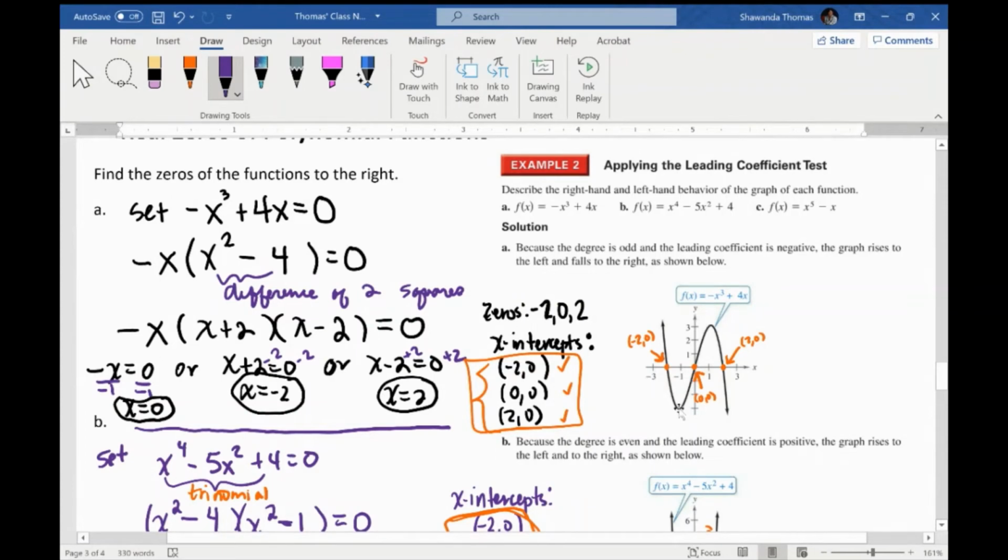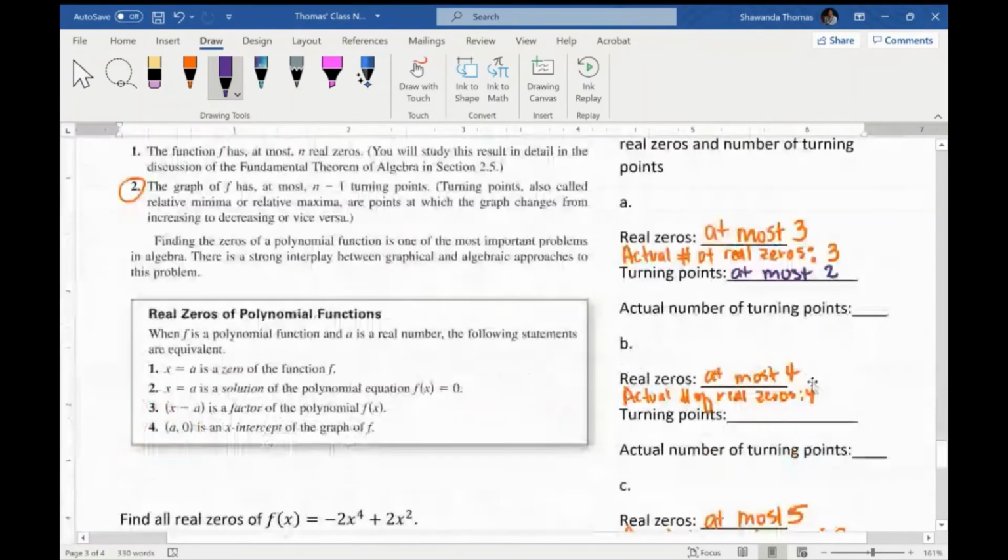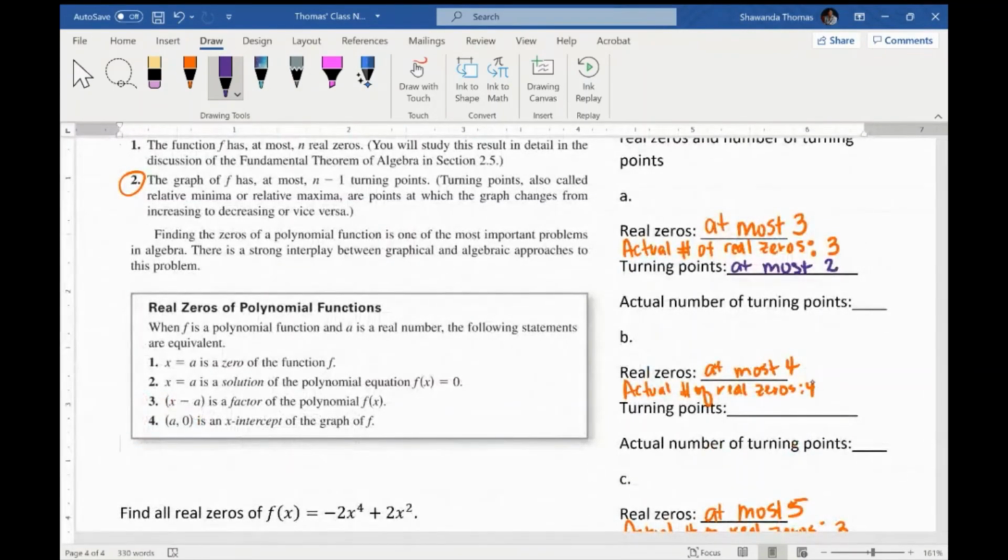So that's 1 turn right there. Then we're increasing and then bam, again, we turned. So how many turns were there actually? 2 turns. So the actual number of turning points is 2.